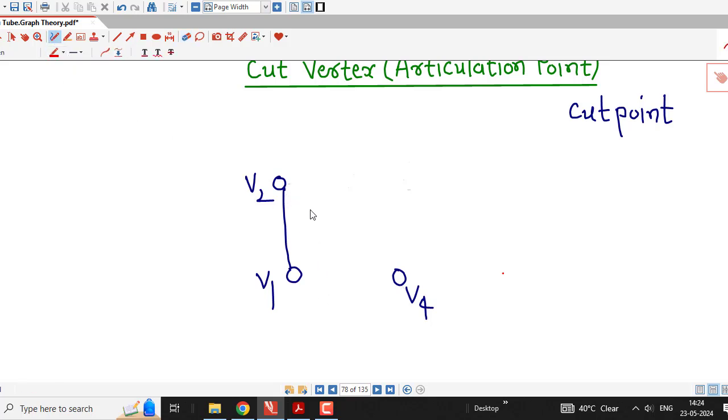There is no path between V2 and V4 as well as between V1 and V4. So V3 is a cut vertex, because after removal of V3 and all edges incident with V3, we obtain a disconnected subgraph. So here we have seen that V2 and V3 are cut vertices and V1 and V4 are not cut vertices.